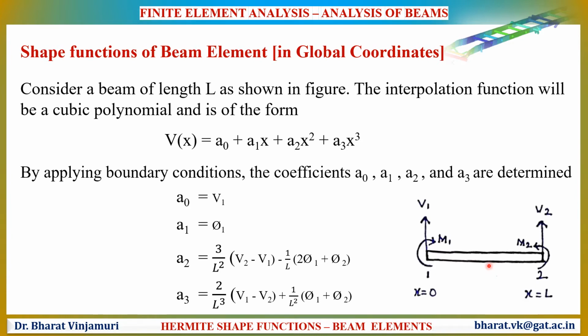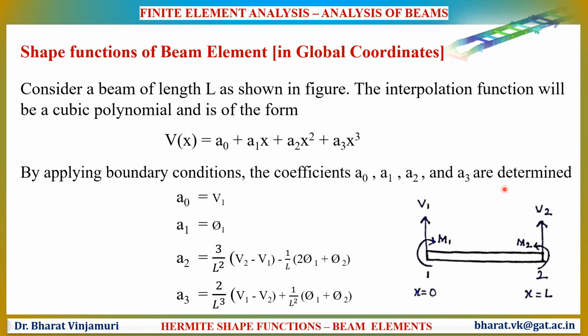To describe the behavior of the beam element under loading, a cubic polynomial equation of the form v of x is equal to a0 plus a1x plus a2x square plus a3x cube is considered. By applying the boundary conditions, the coefficients a0, a1, a2 and a3 are determined.